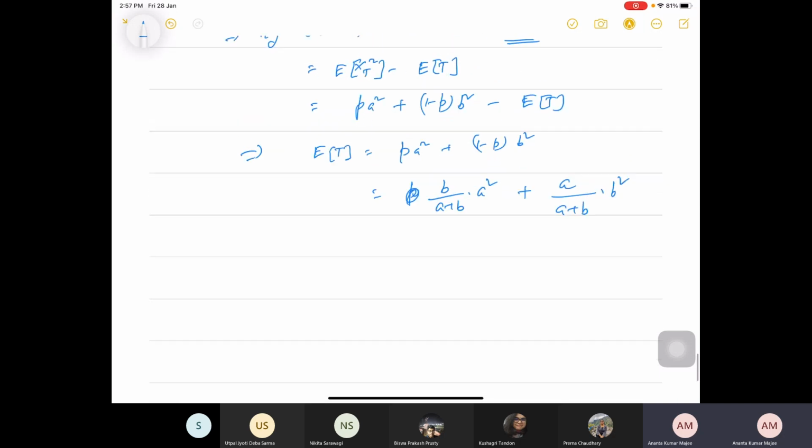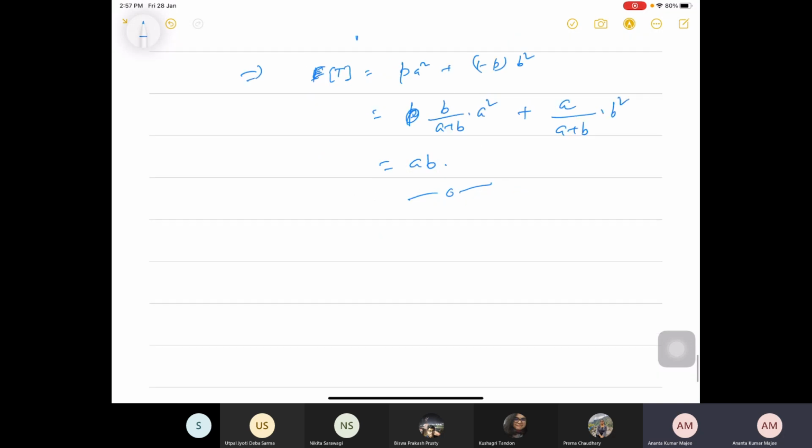And now you see that this is nothing but my ab. So the expectation of T is ab, hence it is finite, and using the optional sampling theorem, the mean duration of play is nothing but ab.